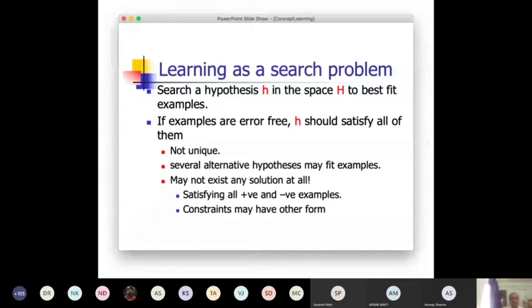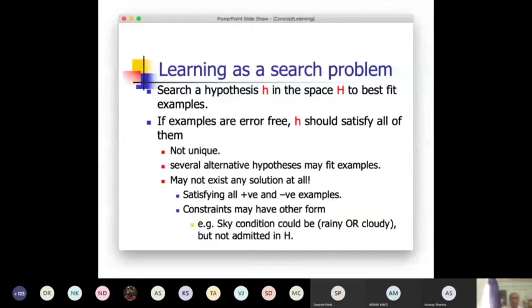It should satisfy all positive and negative examples, and constraints may come in other forms. That means you have those training examples, but your target function is not in this form. In that case, naturally, you will not get any hypothesis, and that is the empty set that you will get.